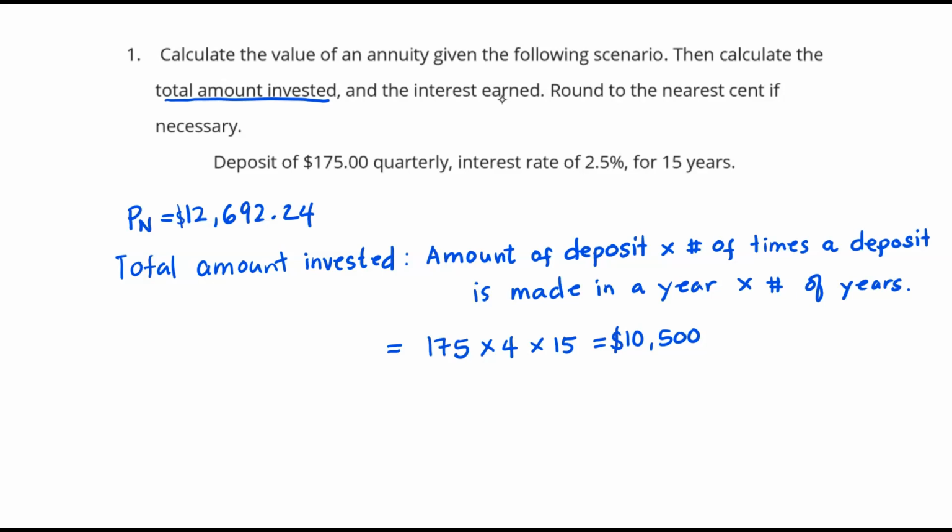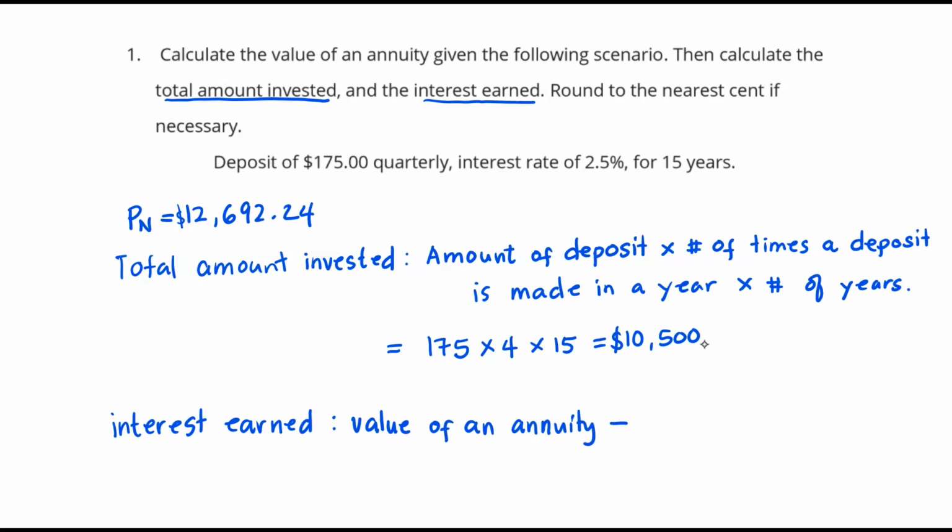Then next, we will calculate the amount of interest earned. The amount of interest earned is calculated by subtracting the total amount invested from the value of an annuity. So the interest earned is just the value of an annuity minus the total amount invested.